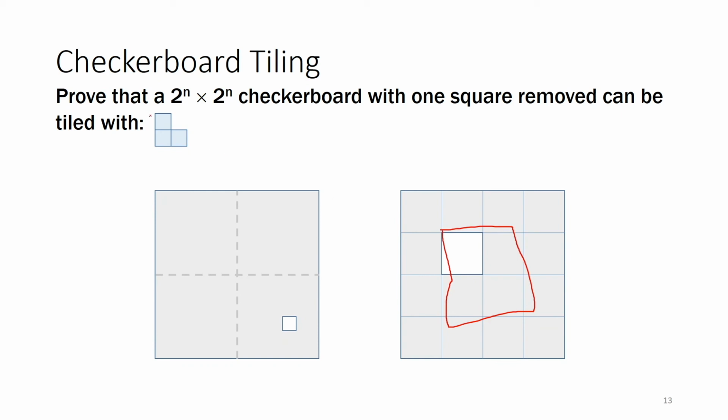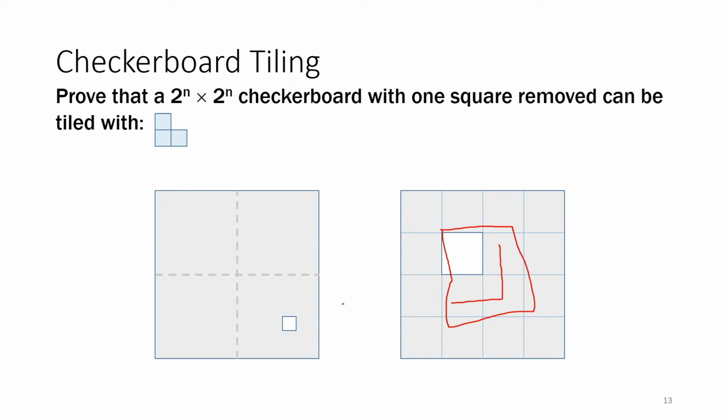We can simply cover it using this shape of tile over here. That's it. This is the base case. We want to show the next step k.